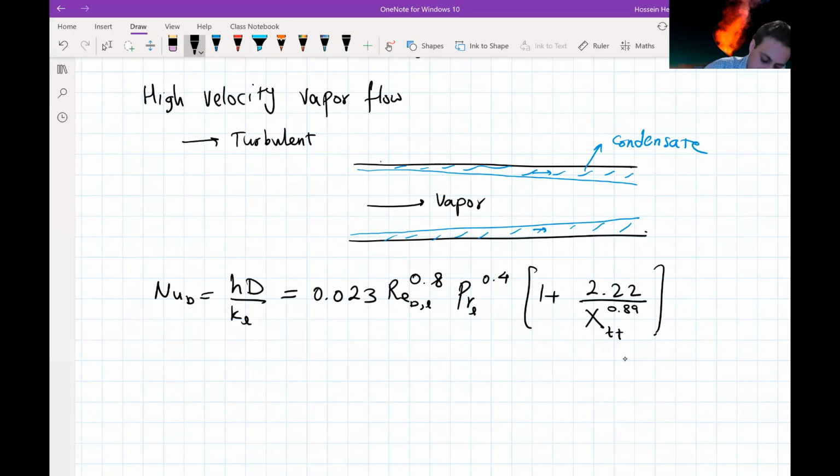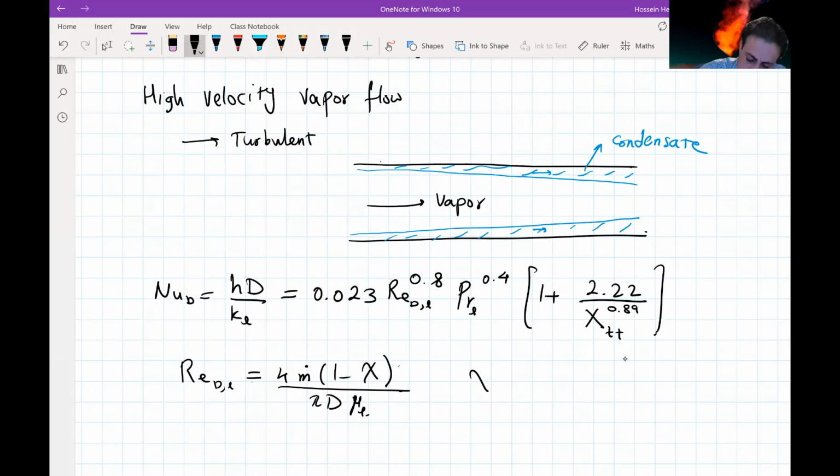So how do we define the Reynolds number? Re_D,L is going to be 4 m dot (1 minus x) divided by pi D mu_L, where this lowercase x is going to be the vapor fraction.